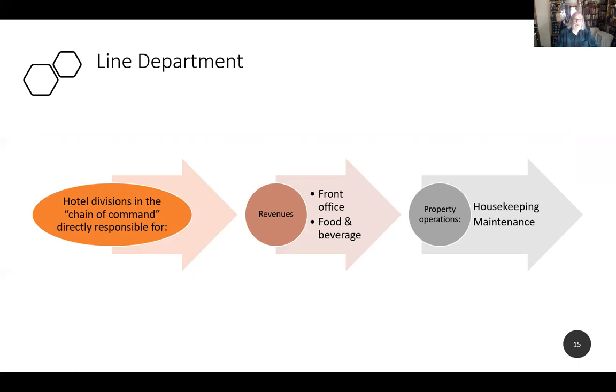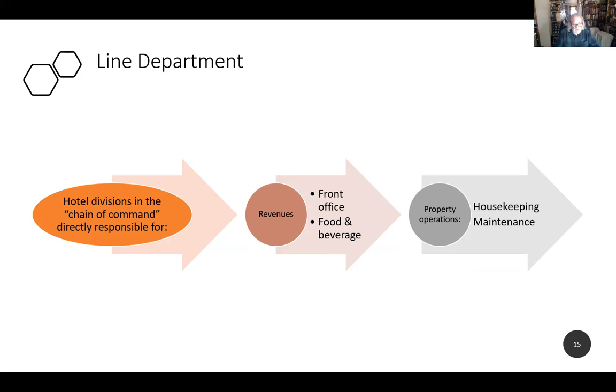Now, line departments are hotel divisions, and they are in the chain of command that directly bring in some revenue. And that's what they're responsible for, creating revenue streams for the property operations. So revenues come from the front office as they collect room rent for the night, and then revenues come in from food and beverage, and so forth.